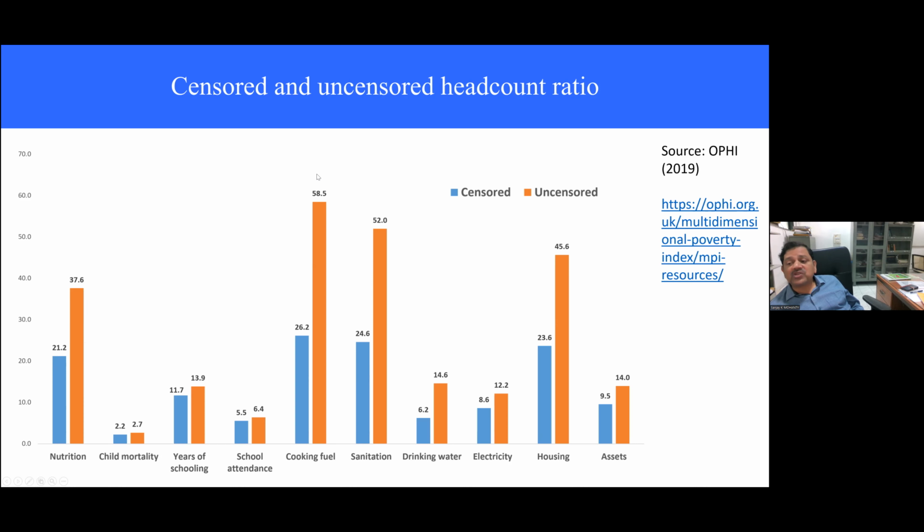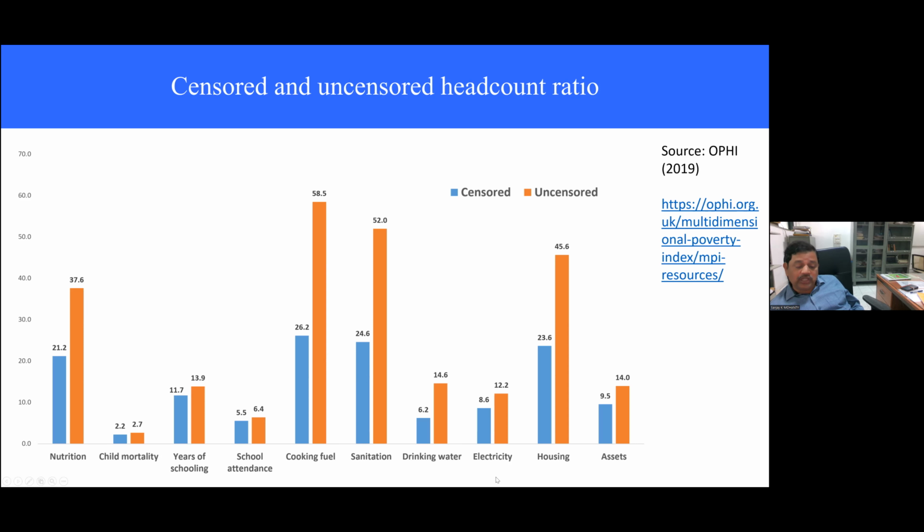So that is the censored one, a more powerful indicator. Even a small indicator like child mortality, even with a lower value like 2.2, tells us that all those who are experiencing a child loss in the household are more likely to be multidimensionally poor. That gives a message that you cannot undermine these indicators, even though their prevalence is low.